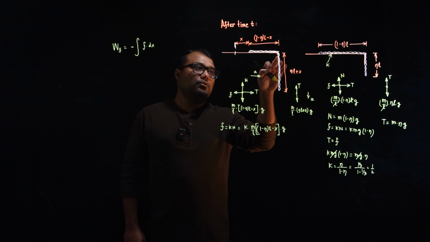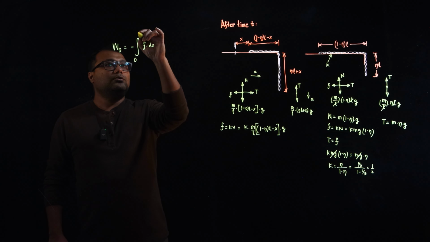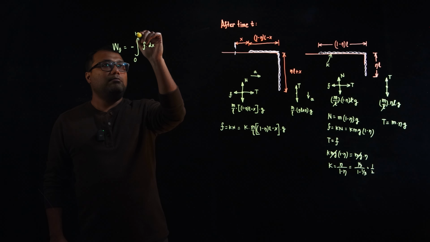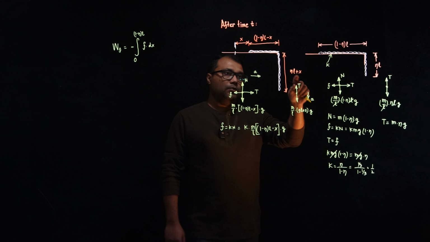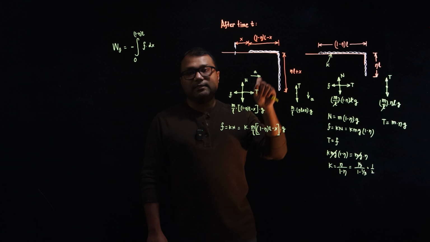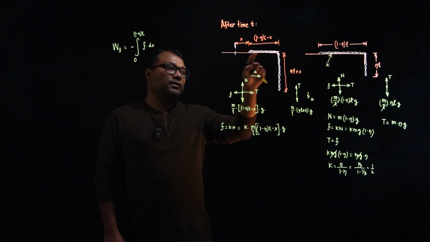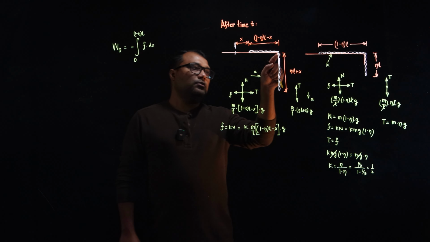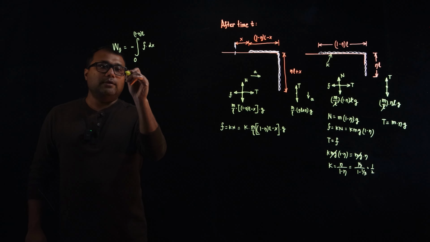It's 0 to 1 minus eta L, because the friction forces will only be applicable until the chain has completely slid off the table. So the displacement of the chain is from 0 to this length.